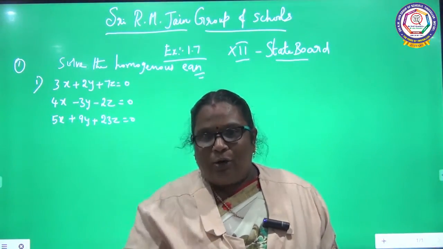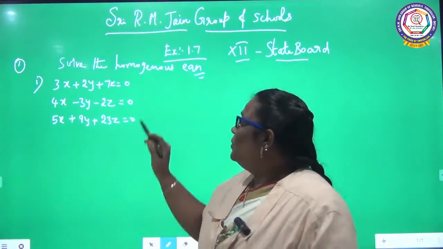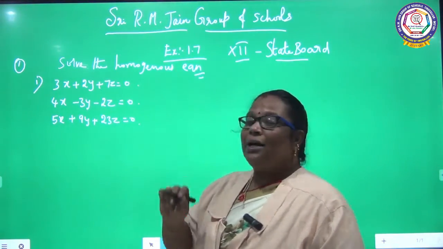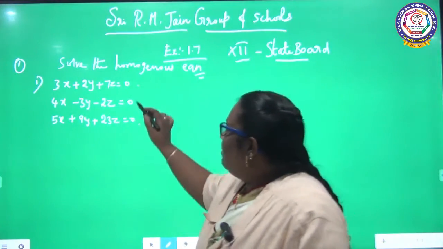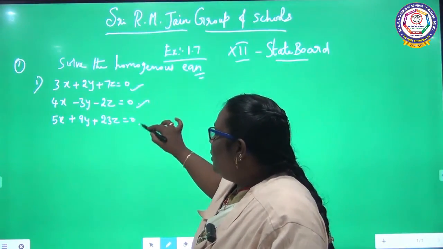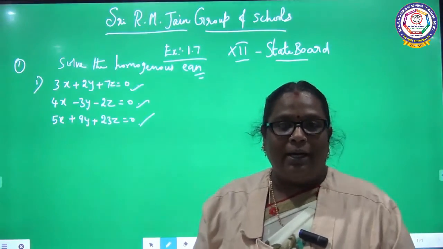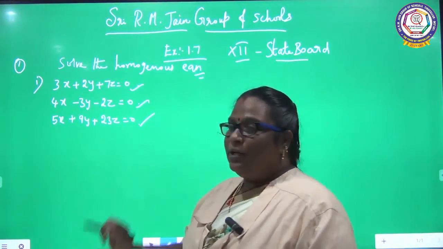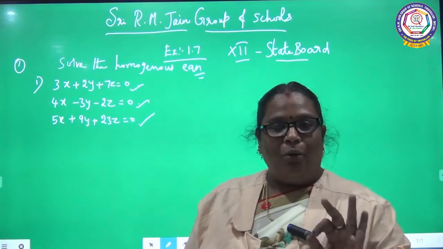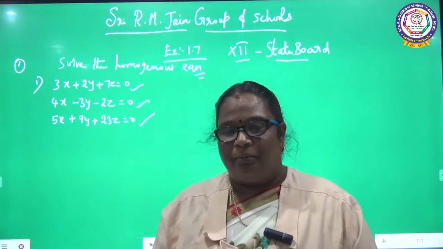The constant term becomes 0. See, the constant values are 0. There is no numerical value in the constant. It's nothing but a homogeneous equation.